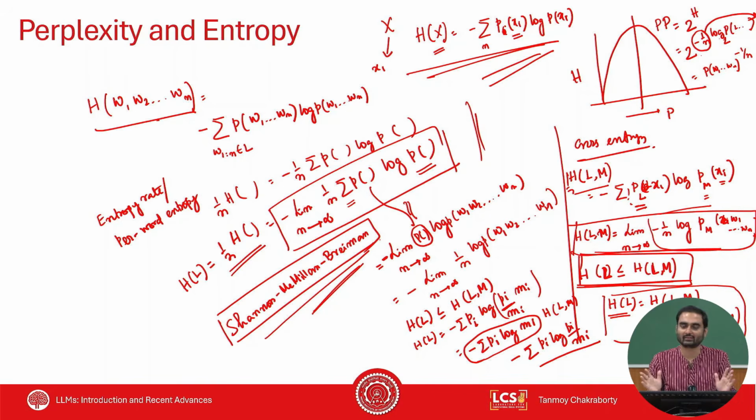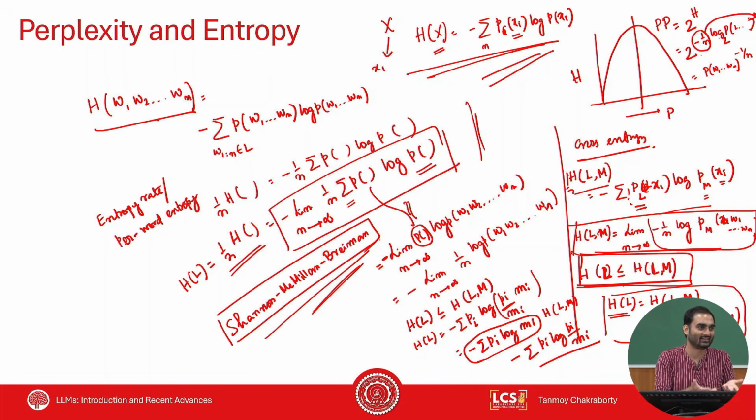Okay. So someone can say, why do we need perplexity? I can use entropy as a measure for evaluation. But entropy and perplexity are proportional, right? If I use entropy as a measure for evaluation, it doesn't make much sense. Intuitively, if I say that the average number of bits is 3 for this language model, what does it mean?